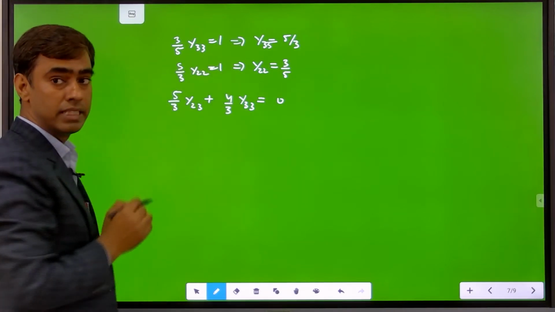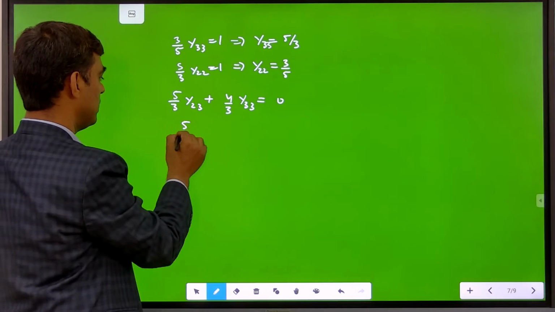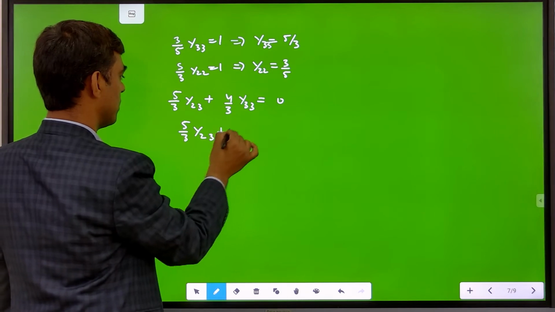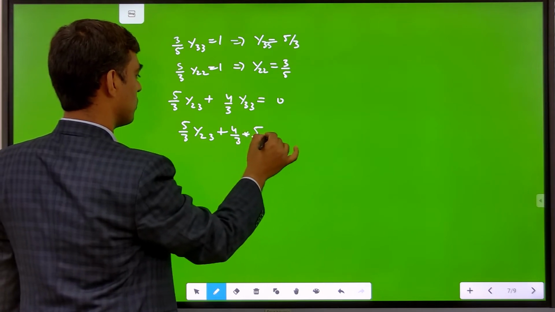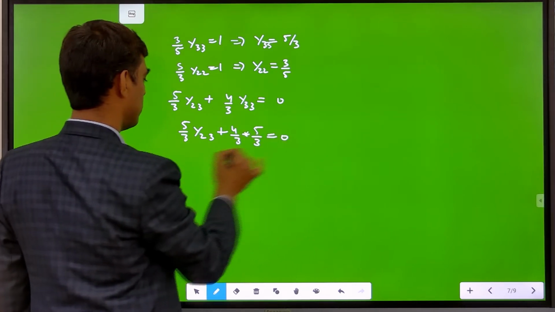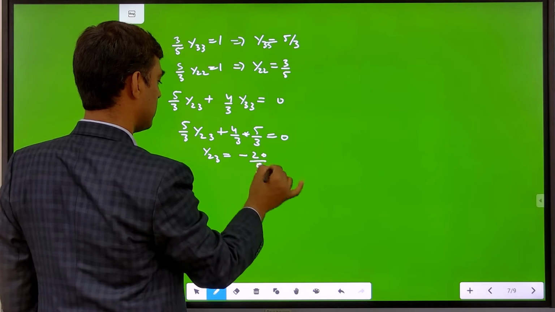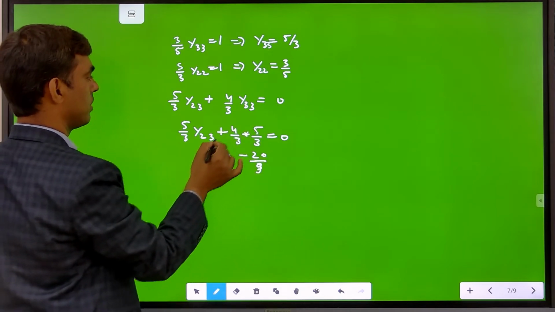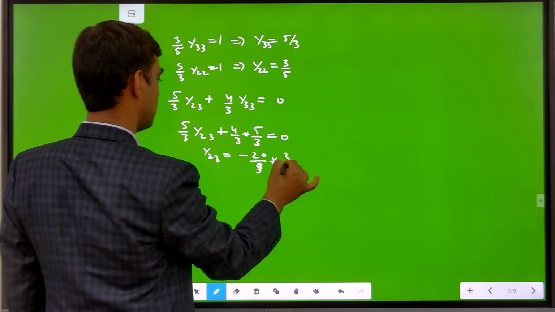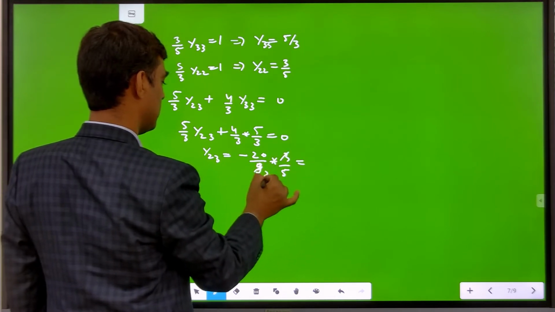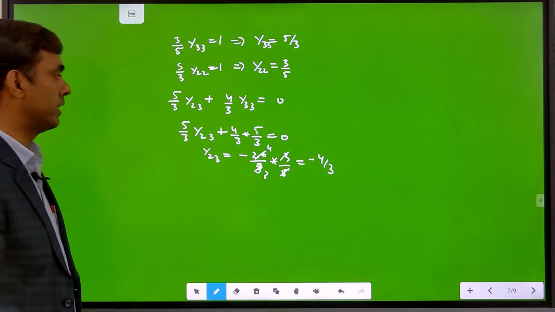By using the value of y33, which is 5/3. So 5/3 y23 plus 4/3 times 5/3 equals 0. So y23 equals minus 20/9 times 3/5, which is minus 4/3. So this is the value of y23.